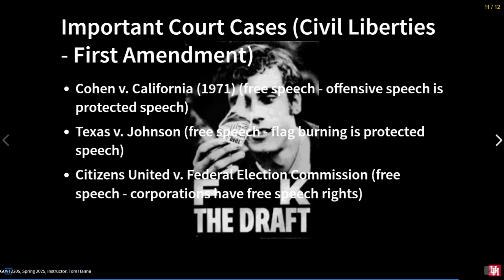So finally, Citizens United versus the Federal Election Commission. The Federal Election Commission was set up to regulate spending on elections, primarily spending by candidates on elections, and then it allowed the candidates to spend.